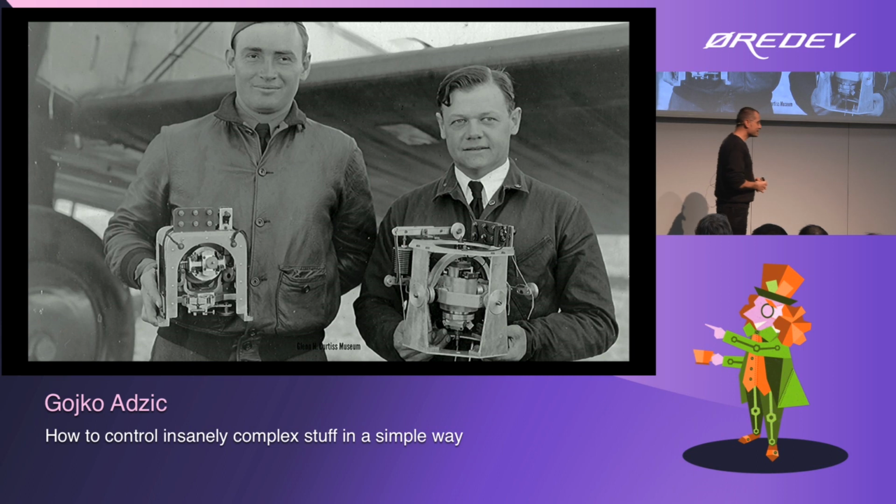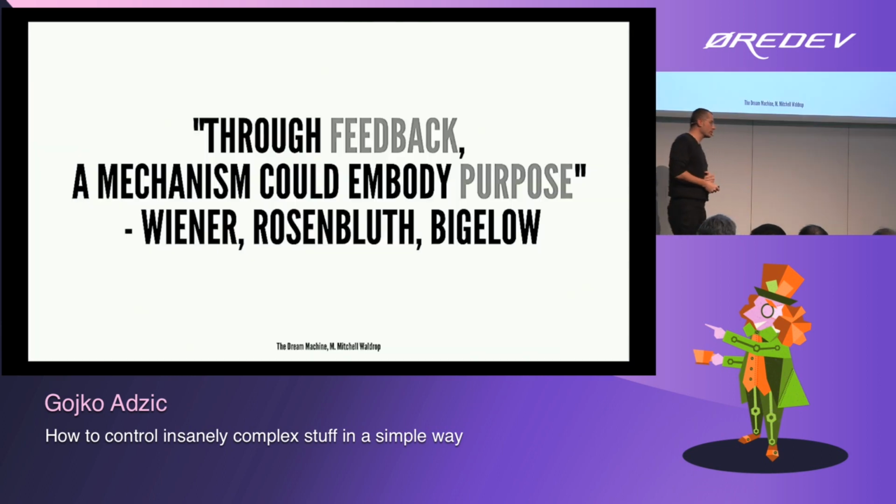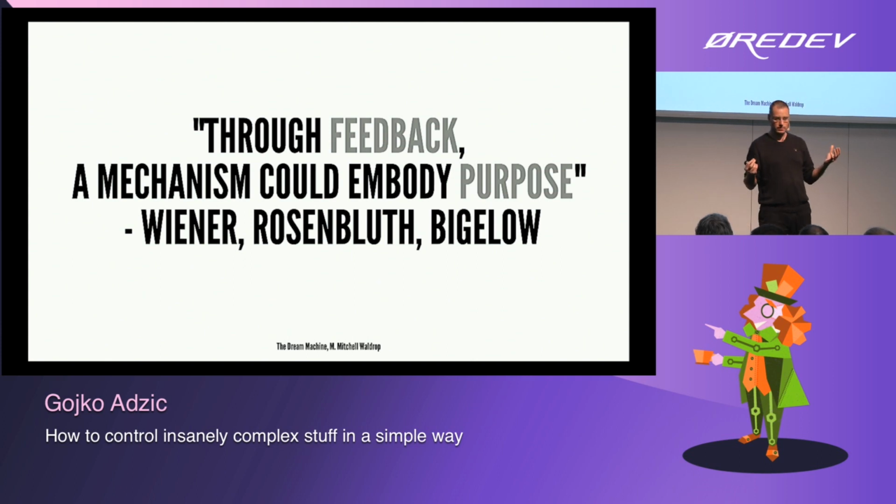And this is where, in The Dream Machine, they have this fantastic quote from Wiener and Bigelow and their colleague Rosenblueth, who was then taking feedback systems to humans, and they said basically that through creating a feedback system, you could make a mechanism embody a purpose.